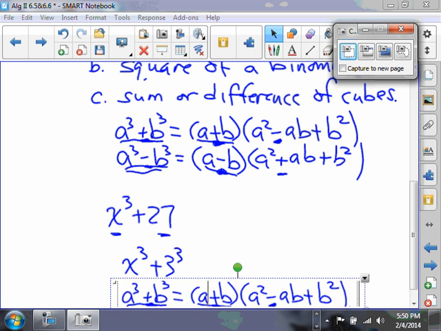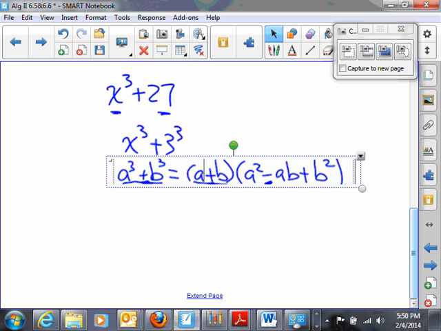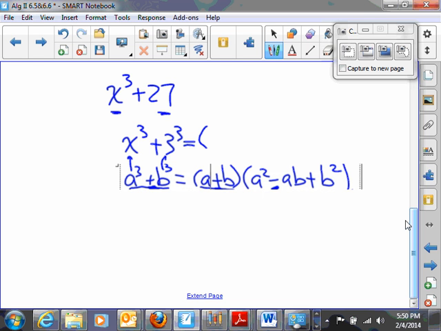So what we're going to do is put the pattern down here next to our x cubed plus 3 cubed. Now, to factor x cubed plus 3 cubed, notice that our a is x and our b is 3. So whenever I say a from the pattern, I'm going to write x, and whenever I say b from the pattern, I'm going to write 3.